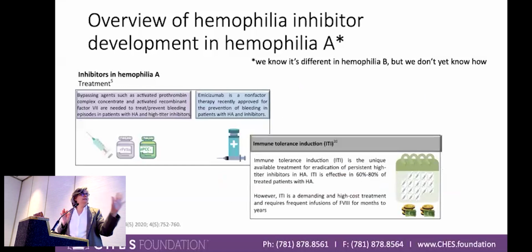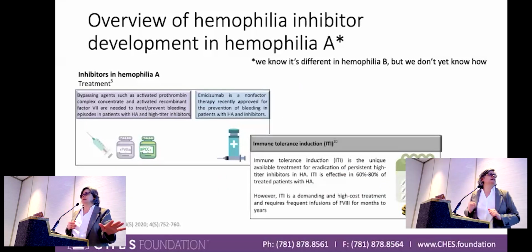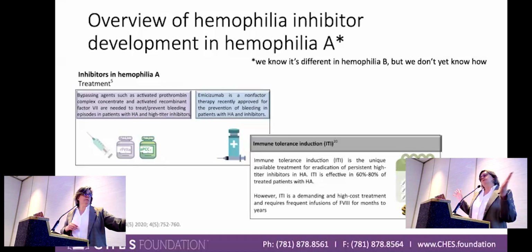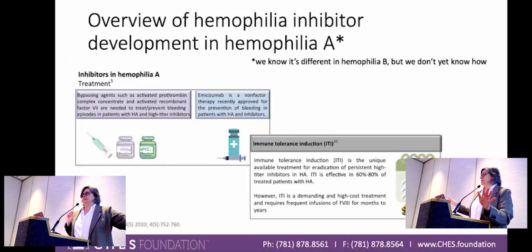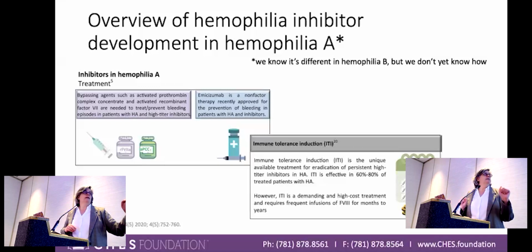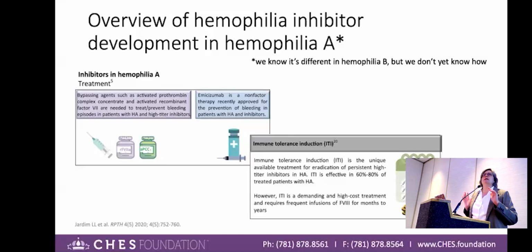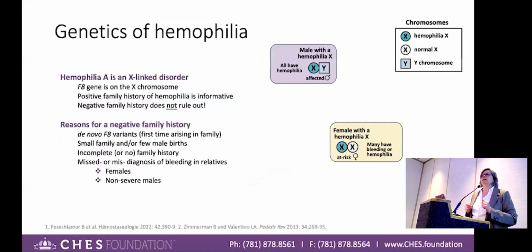The idea of immune tolerance is that you overwhelm the immune system over and over, in whatever context, to trick it into thinking, oh, I made a mistake, it's actually self. You're trying to get it back to thinking it's self. Some people can be tolerized that way, but some can't. And I'm going to show you a little bit of data that we think there's a genetic component to that as well.